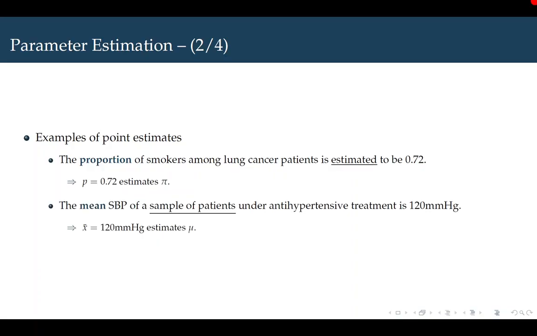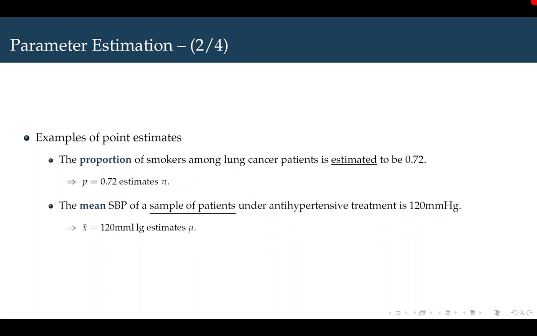Similarly, if we say the mean systolic blood pressure of a sample of patients under antihypertensive treatment is 120 millimeters of mercury, here a sample of patients indicates that it is a sample statistic. Therefore, 120 is the sample mean that is used to estimate the population mean systolic blood pressure of patients in general.